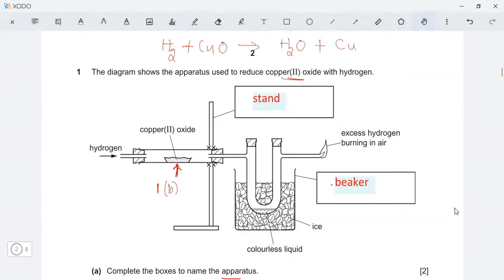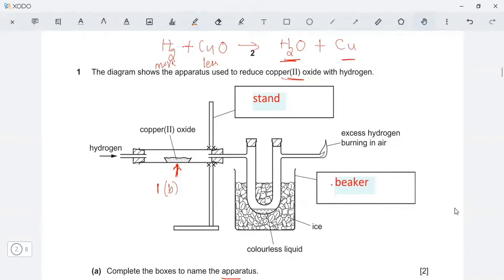What is a displacement reaction? The more reactive metal is going to displace the less reactive metal. Here you talk about hydrogen and copper. So copper is less reactive, whereas hydrogen is more reactive. So hydrogen can displace copper, and then water will be produced as the product, and the copper.